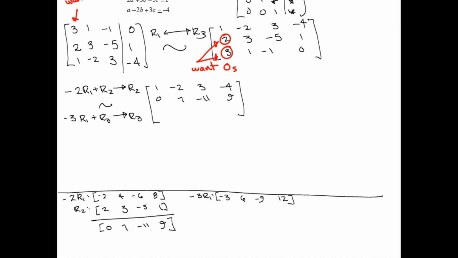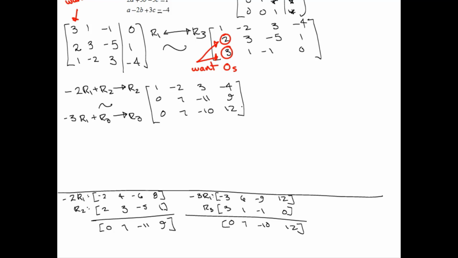We're going to add row 3. So we get 0, we get 7, negative 10, and 12. And that's what we're going to write up here into row 3.